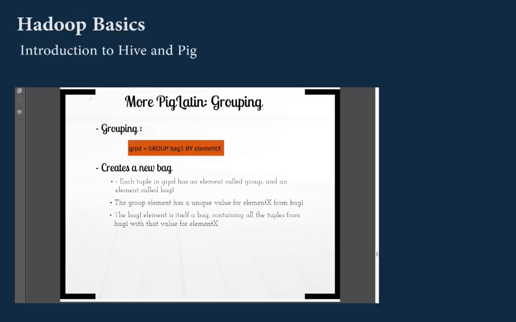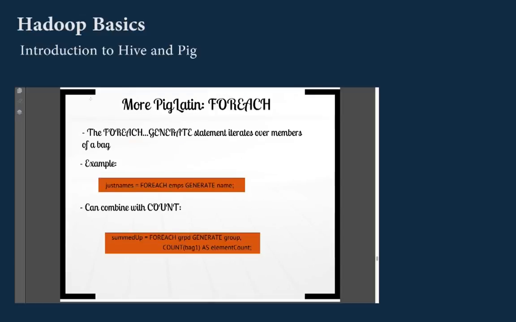Now, when you do a group by a certain field or multiple fields, those fields are denoted with a keyword called group. So let's look at it here. Here we say that we have grouped people by a certain field. And then we say, for each group in EMPS, generate group.